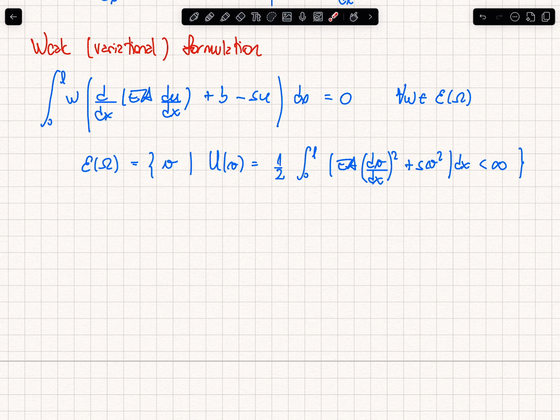What happens when the strain energy is too high? It breaks, right? So from the point of view of a problem in elastostatics, the moment our strain energy becomes infinite, something went wrong and our bar breaks. So we're going to just use functions that have finite strain energy. And that is what we call the energy space.